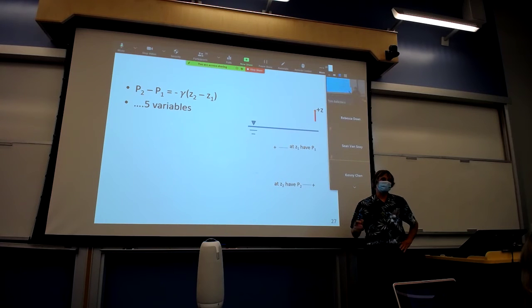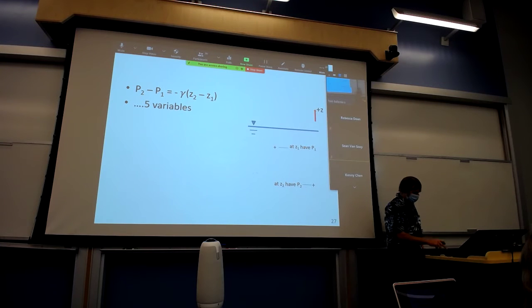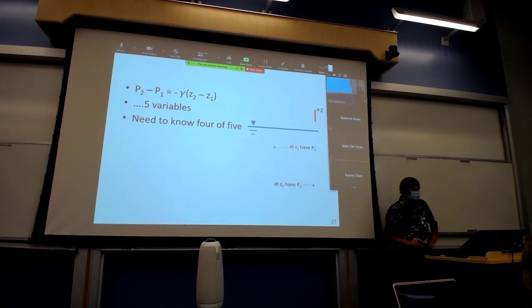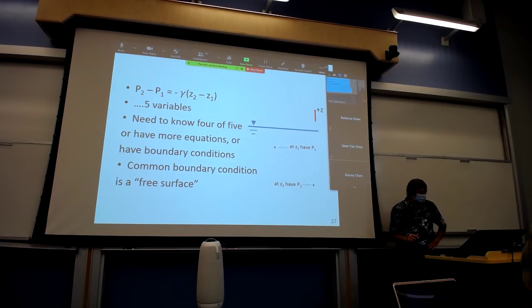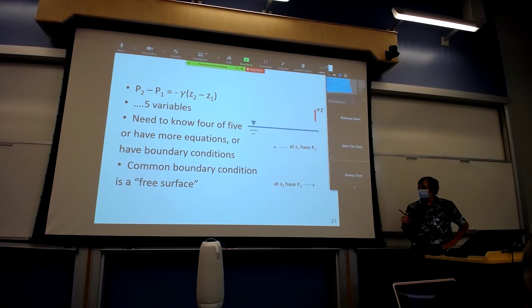But you have to have 4 out of 5, right? Otherwise you can't solve it. And those 4 of 5 will be either dictated, or things that you can recognize.